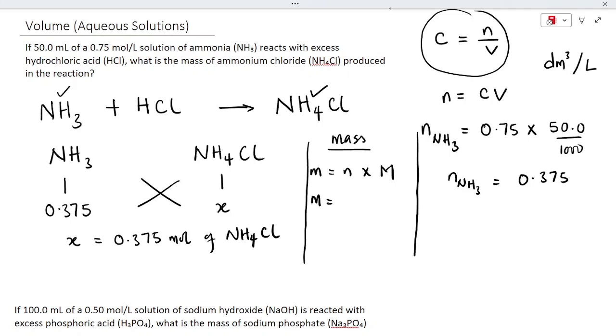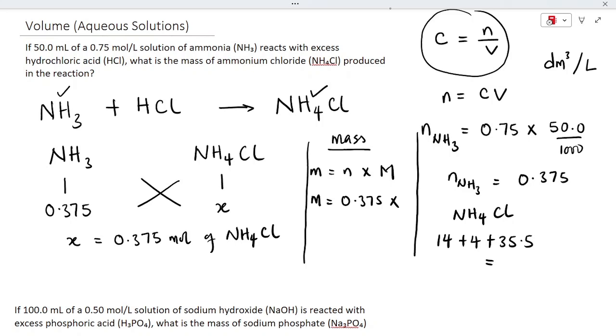So our mass will be equals 0.375 times the molar mass of ammonium chloride. Let's calculate it. Again, depending on the curriculum, the values can differ, but most times nitrogen is 14, hydrogen is 1, but there are 4 atoms of hydrogen. 1 times 4 is 4, plus chlorine is 35.5.